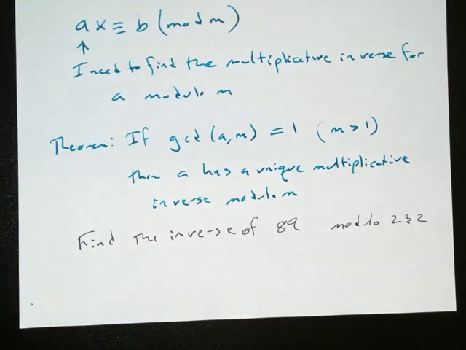I only know this will work if the greatest common divisor of 89 and 232 is 1. So I want you to do the Euclidean algorithm to compute the greatest common divisor here.